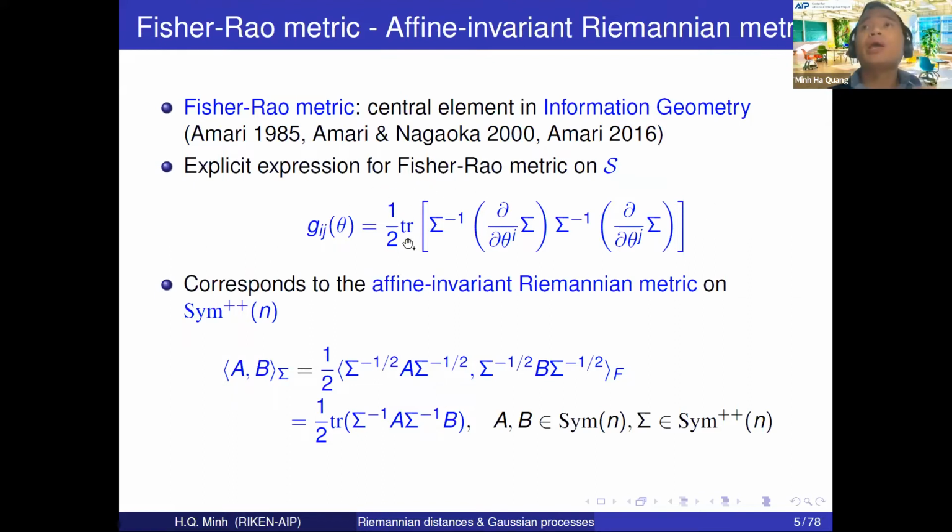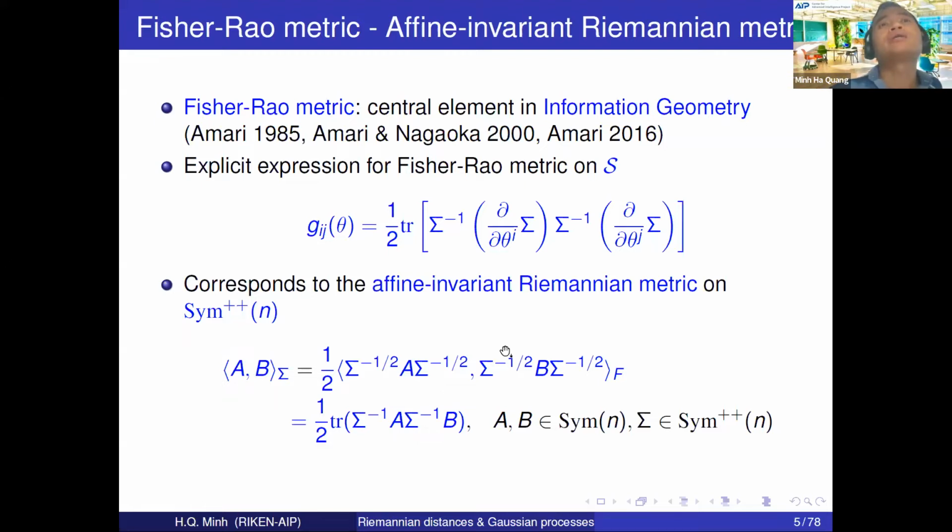Because we have the correspondence between the Gaussian density with zero mean and the symmetric positive definite matrix via the covariance matrix, the Fisher-Rao metric corresponds to something called the affine invariant metric on the set of symmetric positive definite matrices. It's given by this formula here.